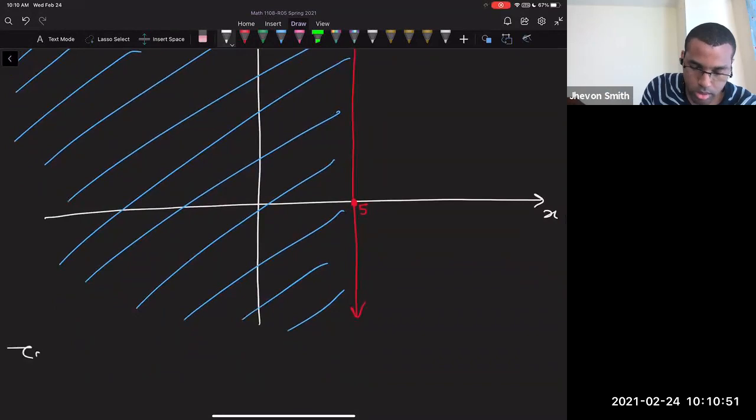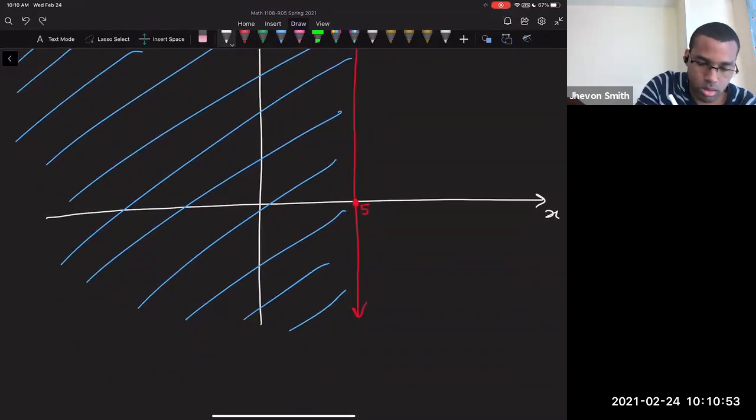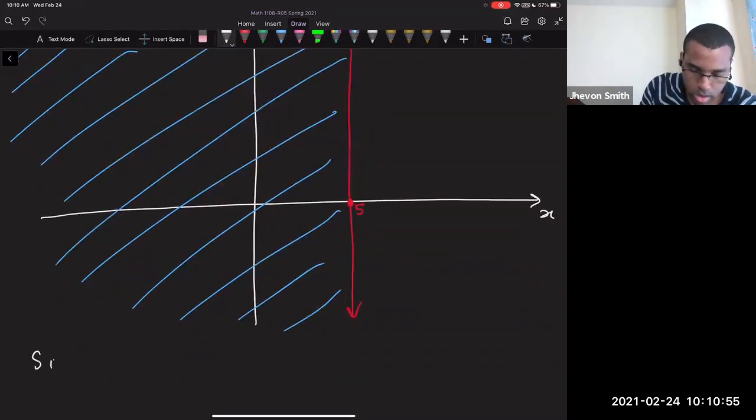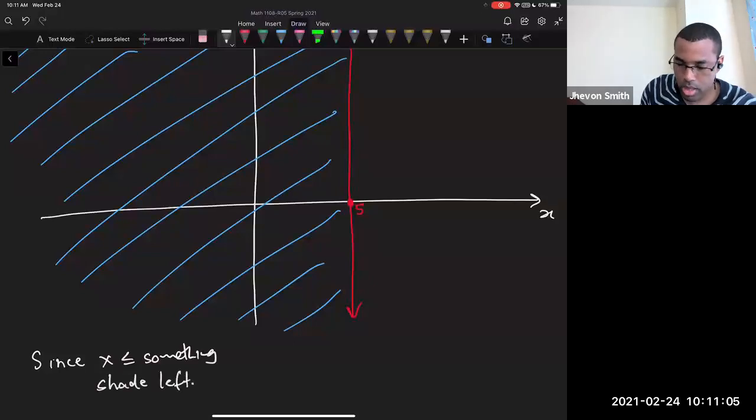So since x is less than or equal to something, shade left. Or, like I said, you can plug in something. Plug in, say 0, 0.